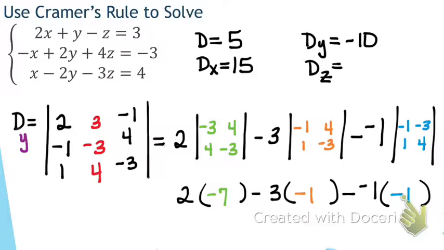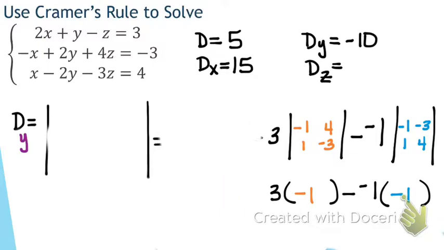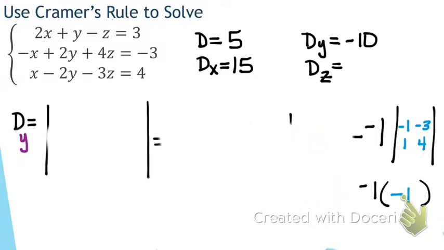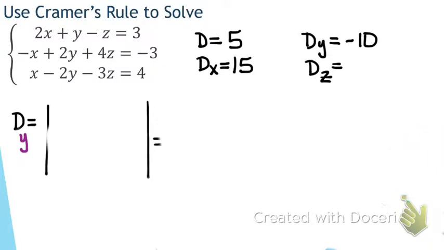Who had -10? Okay, now we have to do this one more time. We're down to z. And let's build our matrix for z. So when we're building our matrix for z, we're going to use the coefficients of x and y.